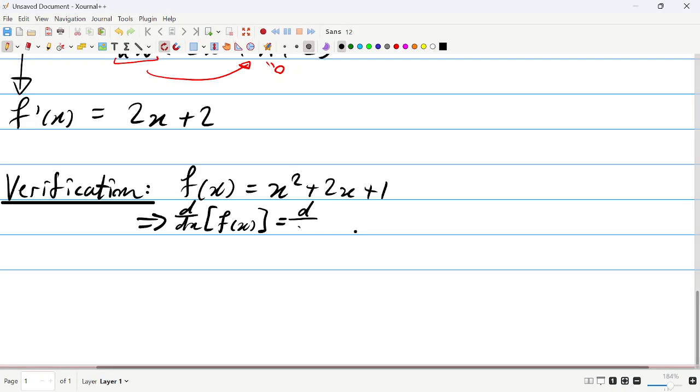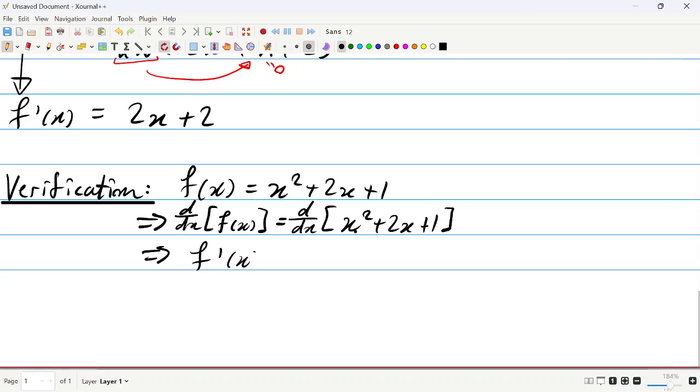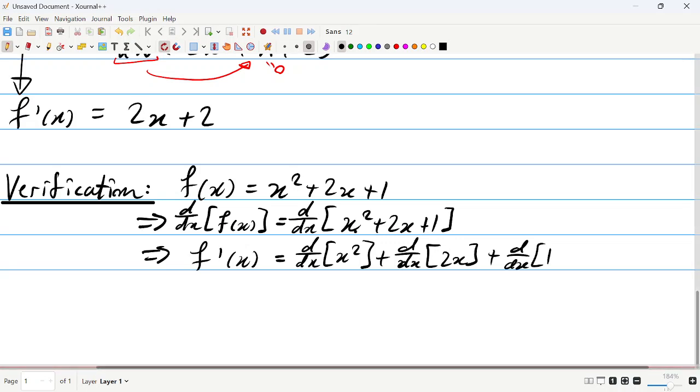Which is equal to d by dx of x squared plus 2x plus 1. And then here, the derivative of f of x is just f prime of x. And this is just equal to the derivative of each and every single term, which is going to be what? d by dx of x squared plus d by dx of 2x plus d by dx of 1.